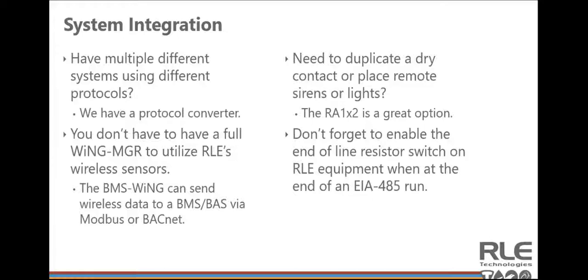These can be things like our BMS wing for our wireless sensors, or if need be, we have other things like a relay duplicator or a remote annunciator that can easily go in, duplicate relays that you already have or adding. We do also have one wire sensors, such as temperature and humidity, that are wired sensors that can be added. Same with leak detection. We have systems for leak detection that can quickly be added in there.